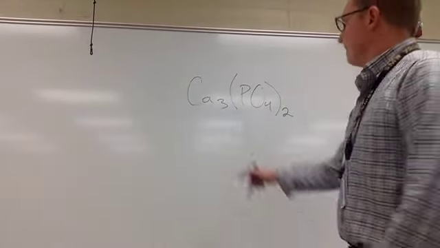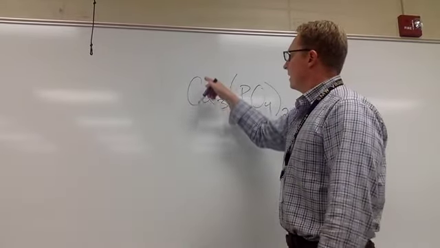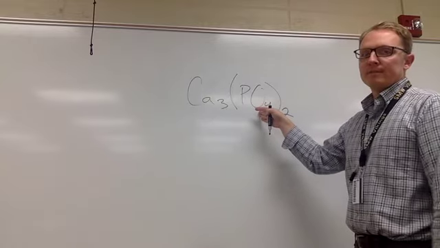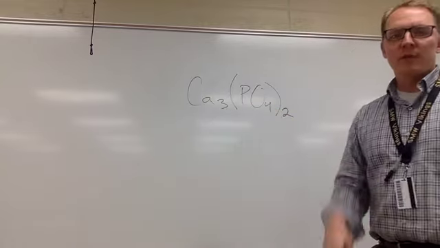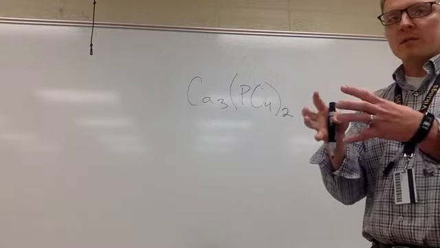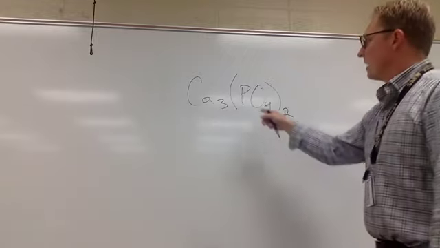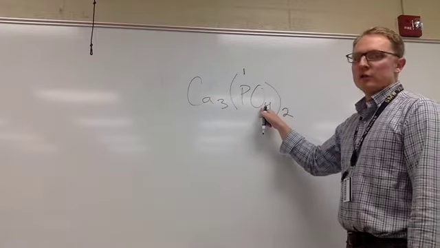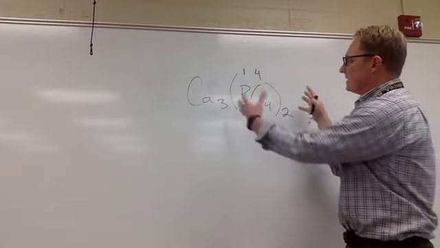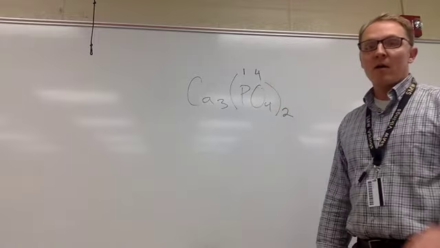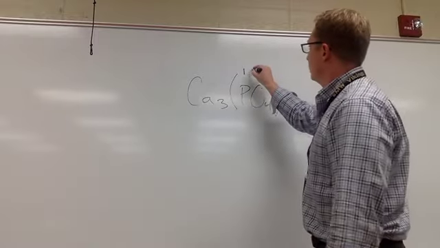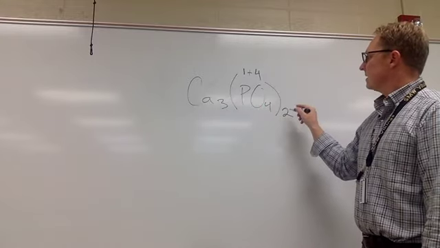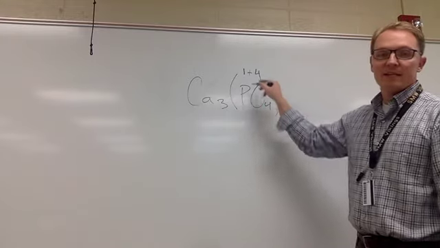Capital letters. Calcium is 1 element from the periodic table, phosphorus, and oxygen. My recommendation for students when they tackle one of these problems is to start with what's in the parentheses first. We have 1 phosphorus, and we have 4 oxygens. So inside of the parentheses, there are 5 total atoms. The 2 outside of the parentheses applies to everything that's in here.